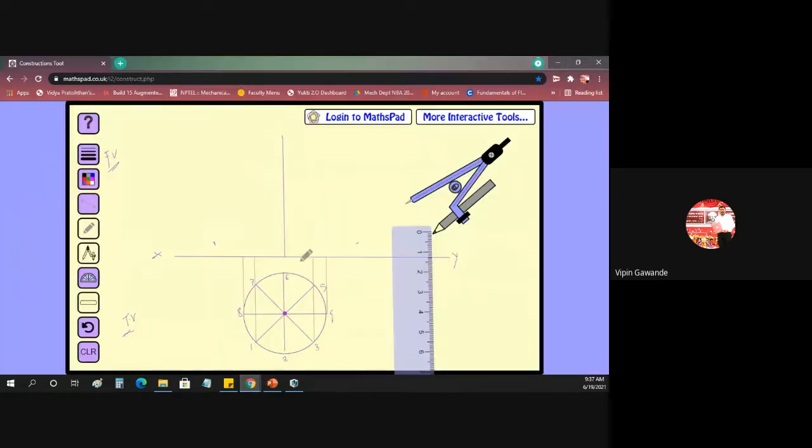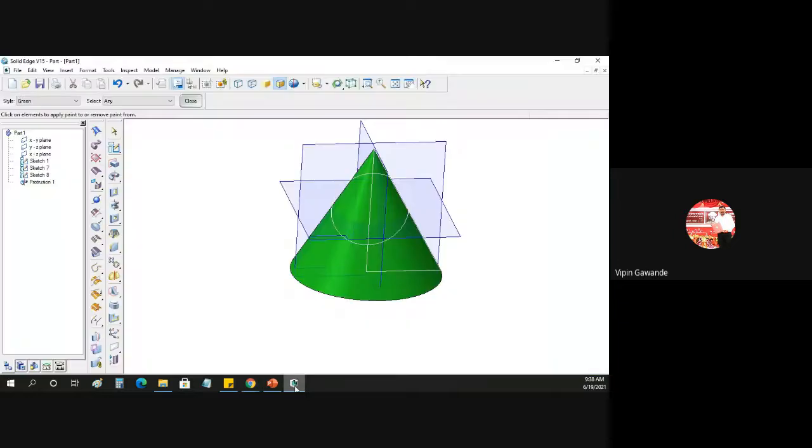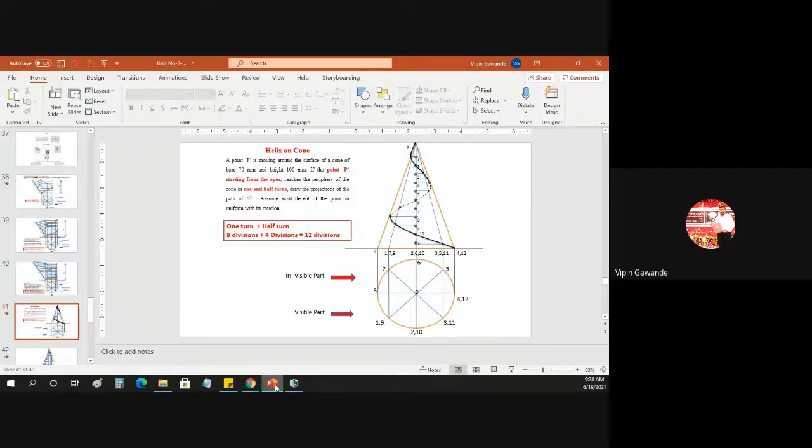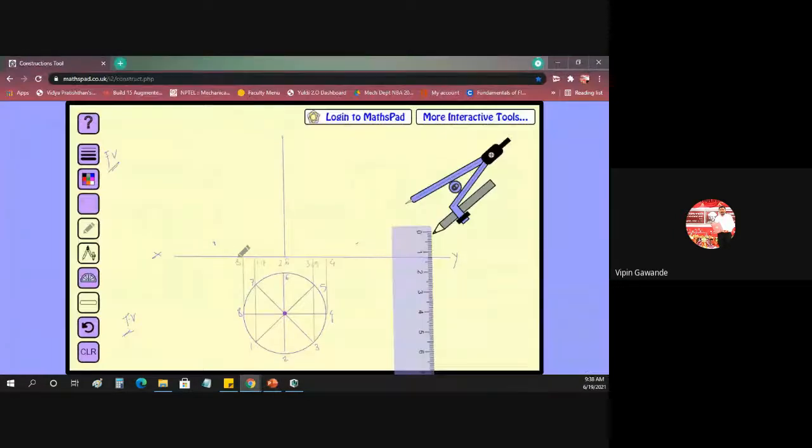So everything will be here only. This is our 8, this is our 1 and 7, this is our 2 and 6, this is our 3 and 5, and the last one is 4. These are the points on the circle, so I have taken all the points on the XY line.